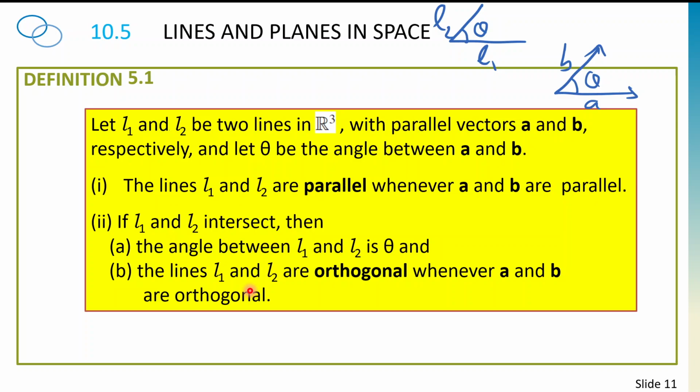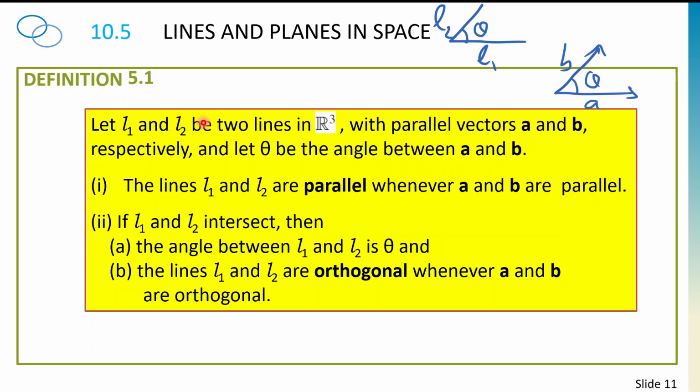Fine. So what's the advantage of this definition? The advantage is that instead of dealing with and studying lines, I can study their parallel vectors. Remember, each line we define by 1 point and a parallel vector.